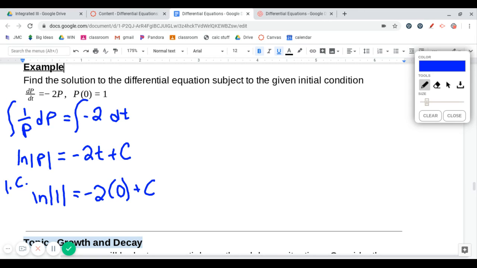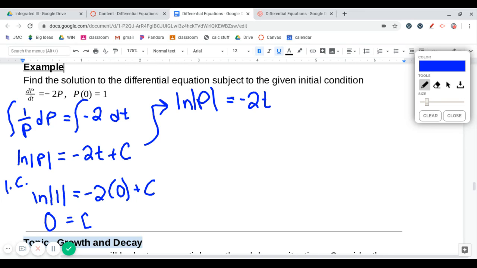So natural log of 1 is 0. Negative 2 times 0 is 0, so 0 equals c. Which means that the natural log of the absolute value of p equals negative 2t. Now, this would be an implicit solution, but we'll go ahead and find the explicit solution.